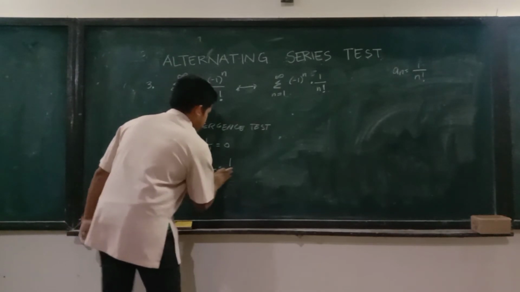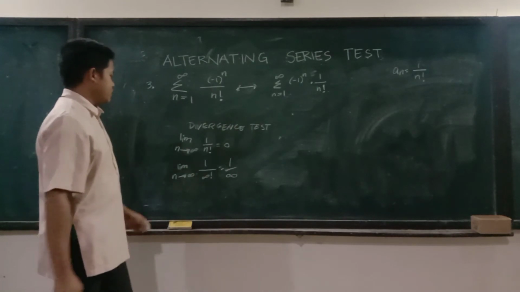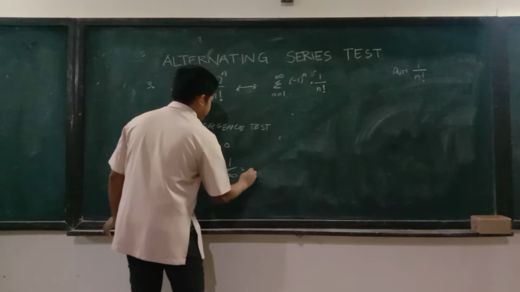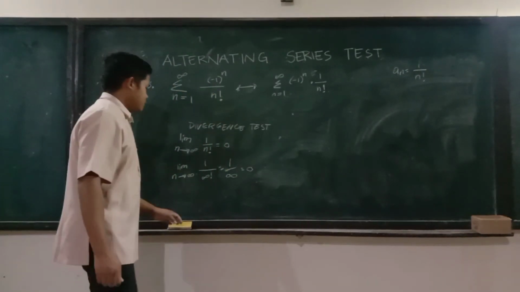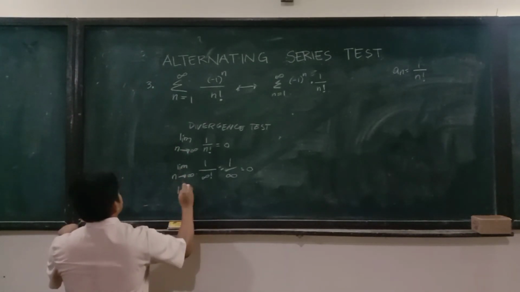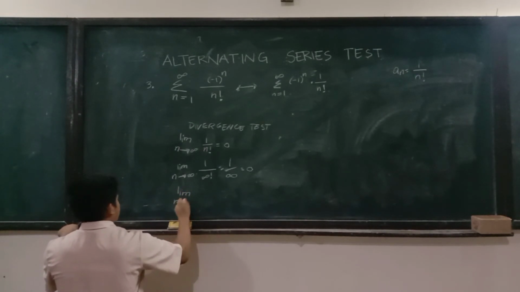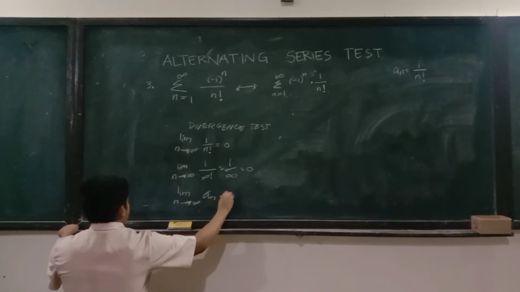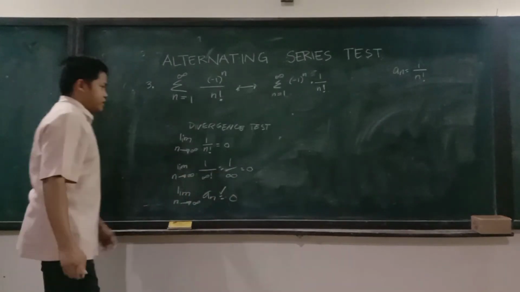Therefore, it equals 0, since 1 over infinity is always equal to 0. So the limit of our a sub n equals 0, and it passes the divergence test.